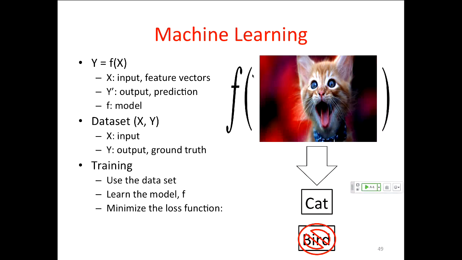It's given. However, you want to train the model to predict other kinds of images. So for training, we use this data set and run the model, this function, right? And in training, we want to minimize the loss function.